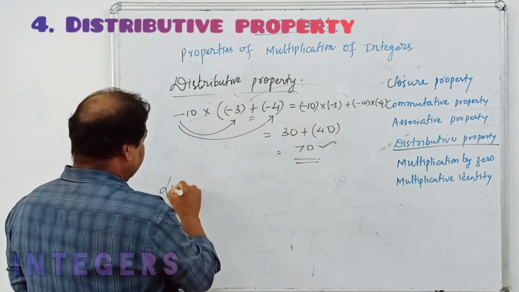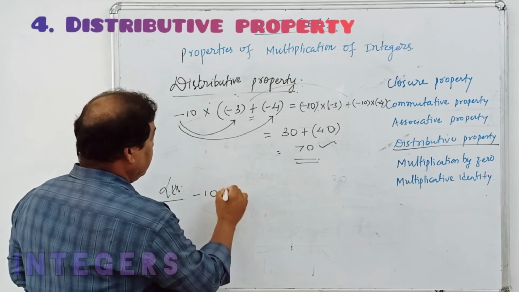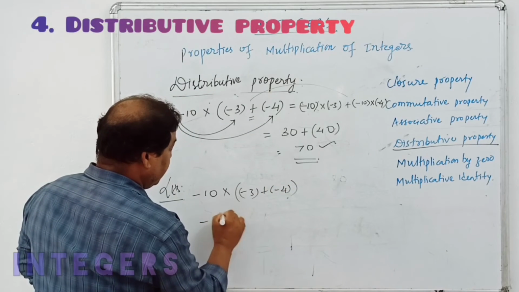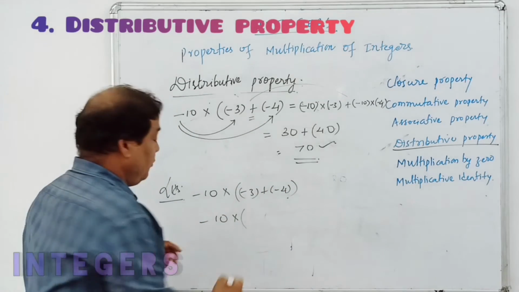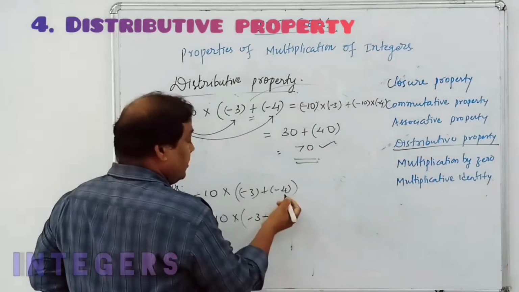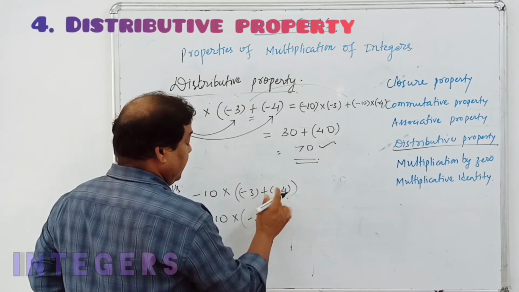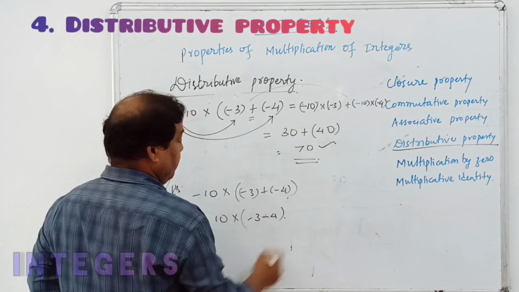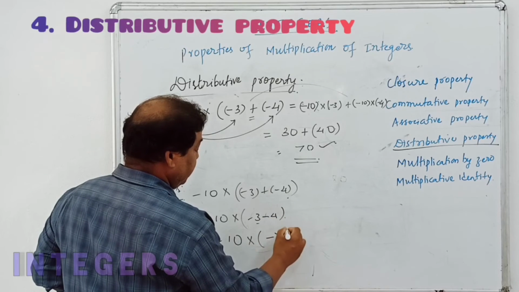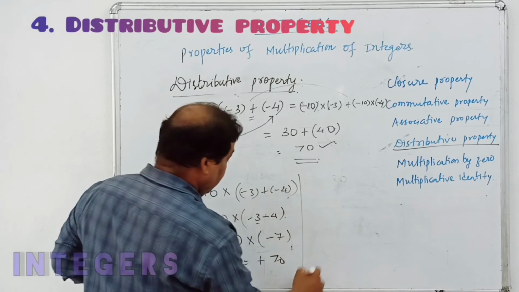We will see the LHS side. In the first case, that is minus 10 multiplied with (minus 3 plus minus 4). So minus 3 plus minus 4, that is the addition of minus 3 and minus 4, that means minus 7. So minus 10 multiplied with minus 7, negative times negative is positive, 10 sevens are 70.